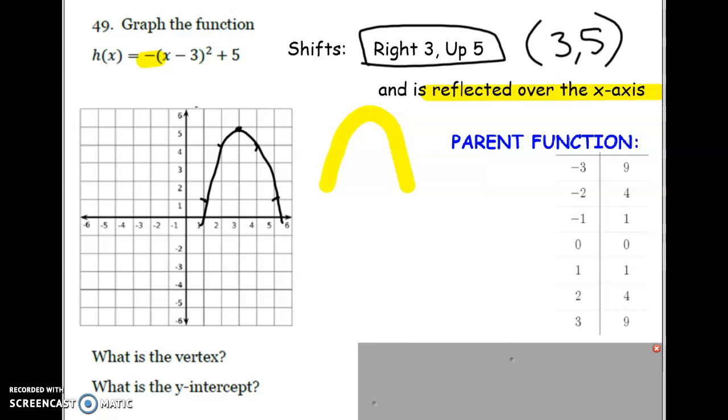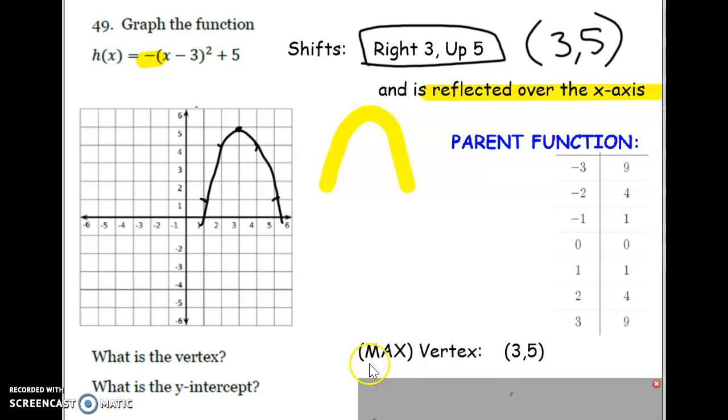Now this one does ask me to find the y-intercept as well. We did already talk about the vertex. I'll point out it is a maximum now since it is the highest possible point on our graph. But to get to that y-intercept exactly, we're going to need one more key point. So if we use this 3, 9, again traveling over 1, 2, 3 from the vertex, but then traveling down 9, we should hit the y-intercept exactly.